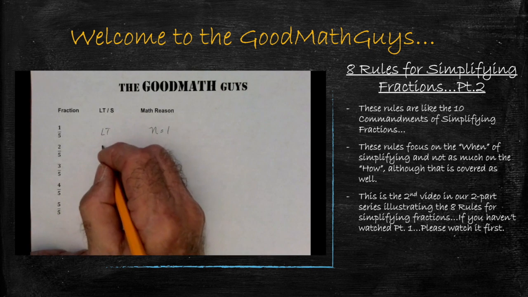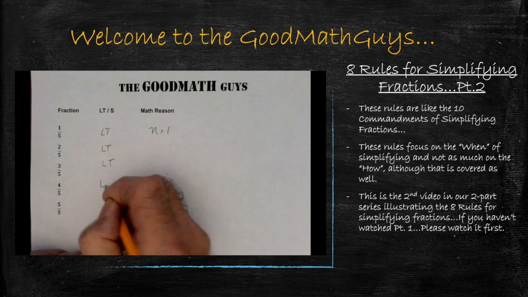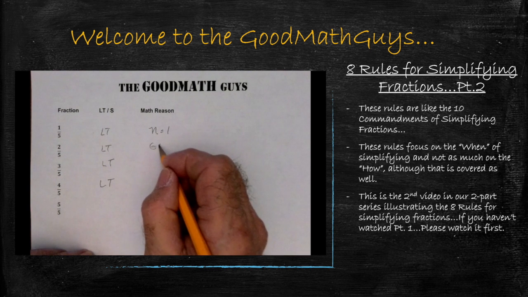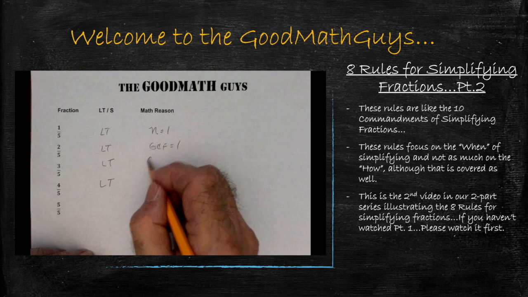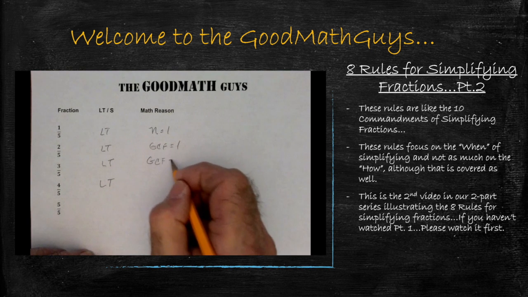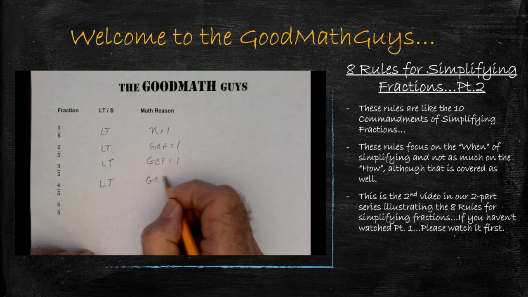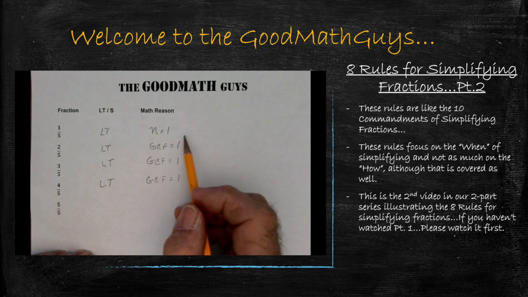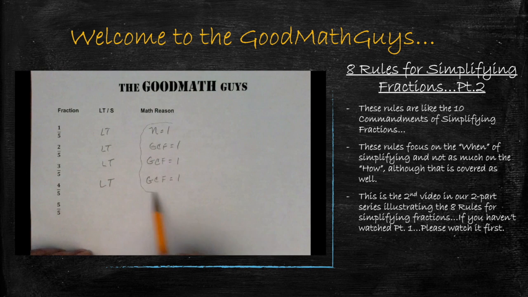So we're going to say LT, LT, LT, all because the GCF is equal to 1. However, you don't need to do any of this stuff right here.